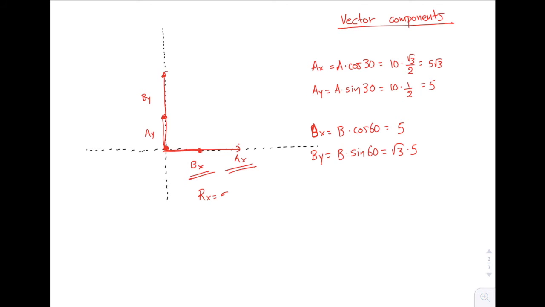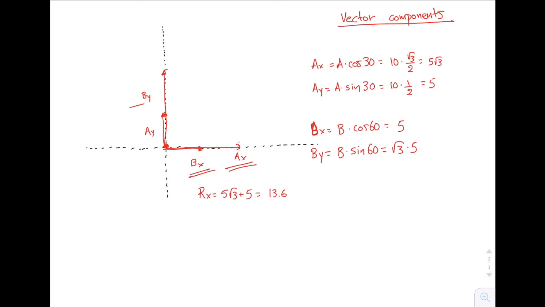This will be called RX, as resultant x. This is radical 3 times 5 plus 5. This is around 13.6. And the total on the y will be RY equal to AY plus BY, which will have the same value, 13.6.